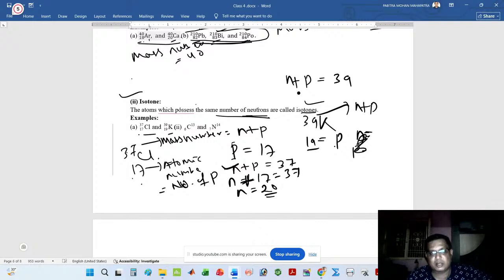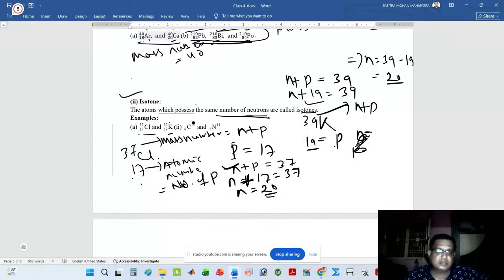Put the value. Now n is equal to 39 minus 19. That is 20. Look at that. For K 19, 39, the value of n is equal to 20. For Cl 17, 37, the value of n is also equal to 20.